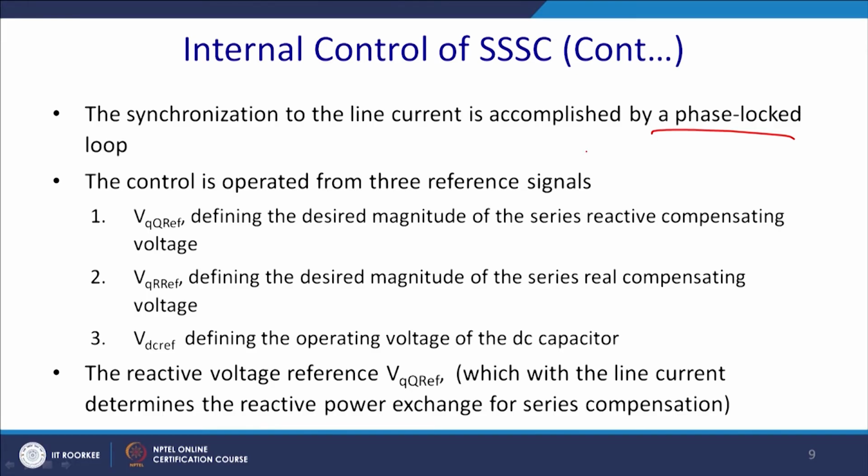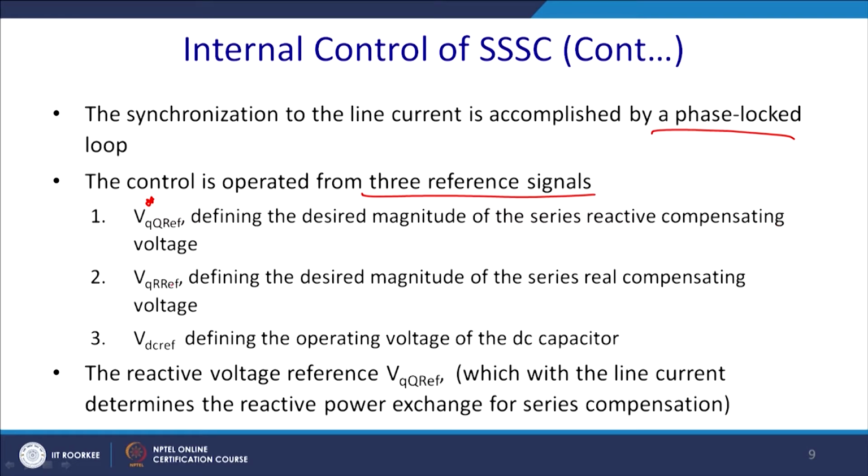The synchronization of the current is accomplished by a phase lock loop. We have to sense the current, and from there we generate the phase lock loop. The control is operated from 3 reference signals. The first is VQ reference, or VQ star, defining the desired magnitude of the series reactive compensation voltage required to be injected in quadrature with the line.